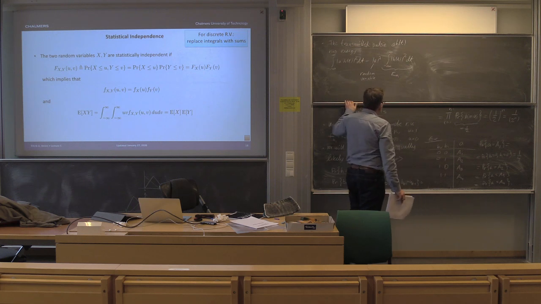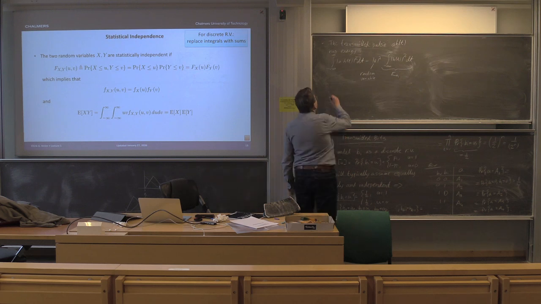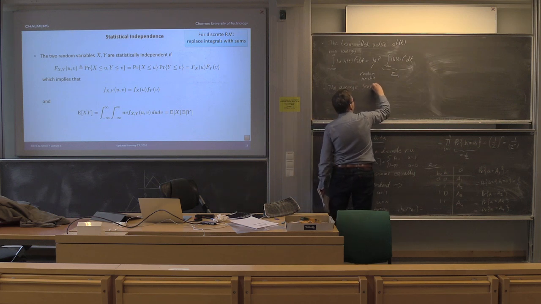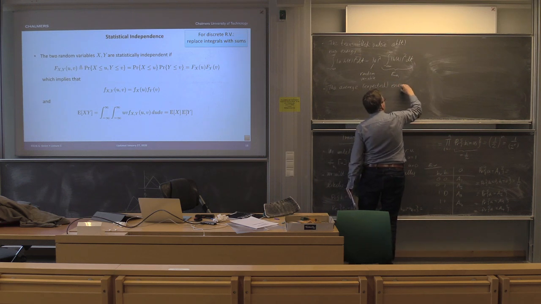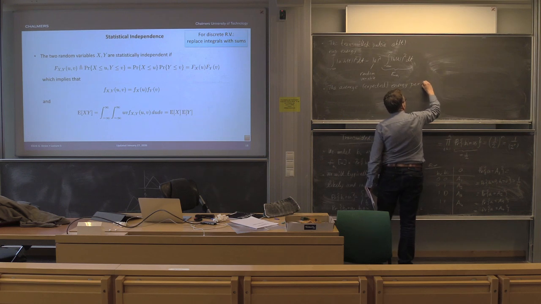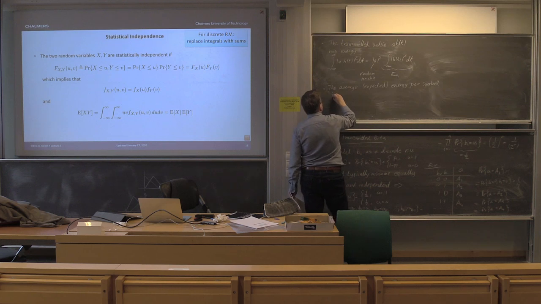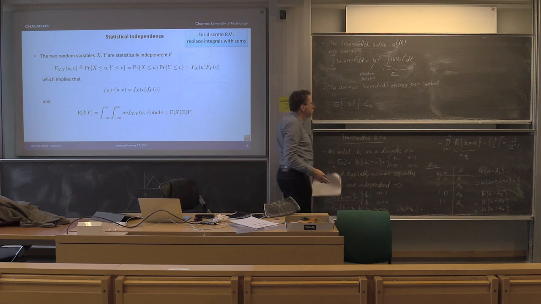But we would like to say something about the average energy. So the average, or in other words, expected energy per symbol is then the expected value of the magnitude squared of a times E_h.